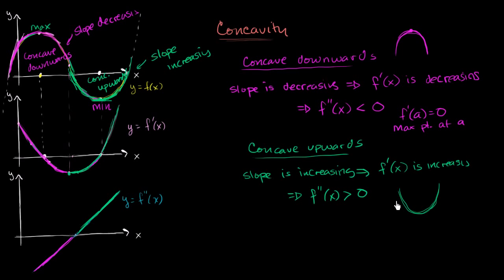But if we're assuming that our first derivative and second derivative are defined here, then the critical point is going to be one where the first derivative is 0. So f prime of a is equal to 0. And if we're concave upwards in the interval around a, so if the second derivative is greater than 0, then it's pretty clear, you see here, that we are dealing with a minimum point at a.